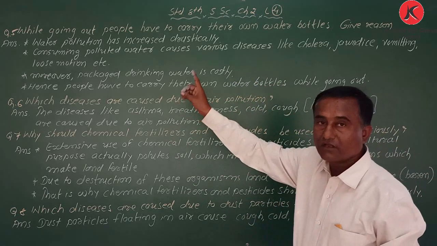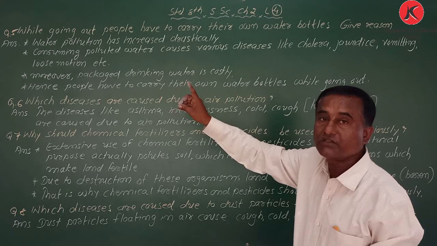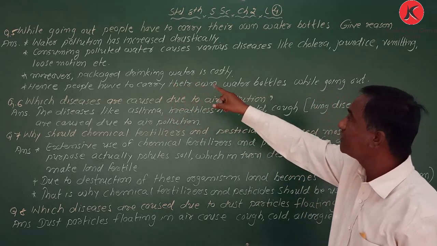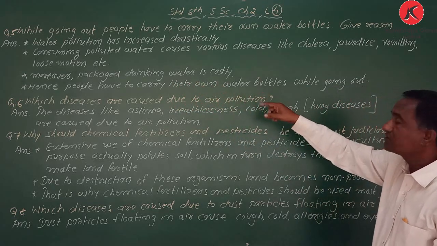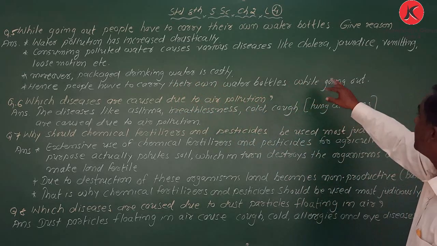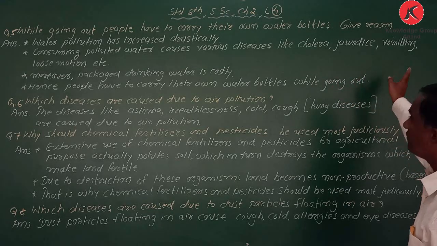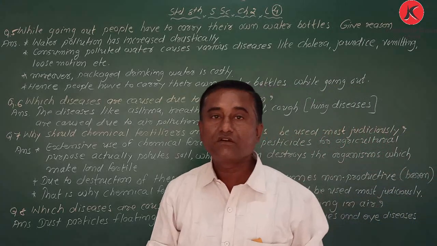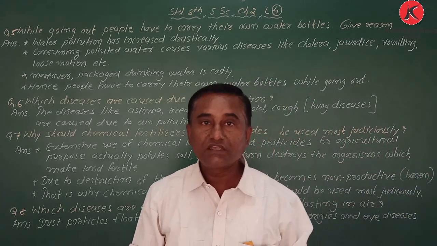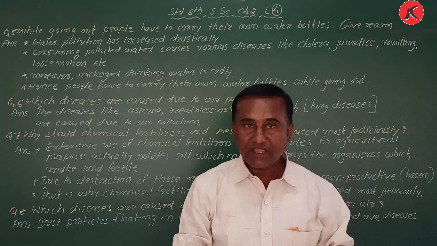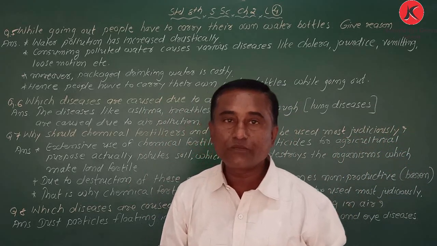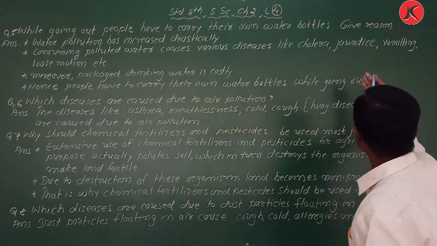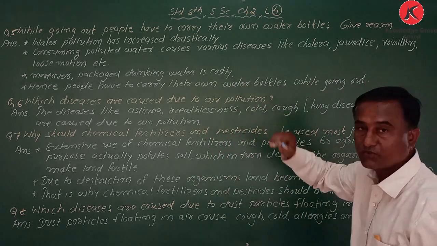Second point, consuming polluted water causes various diseases like cholera, jaundice, vomiting and loose motion. Nowadays, because of water pollution, we are getting different kinds of diseases like cholera, jaundice, typhoid, vomiting, loose motion.